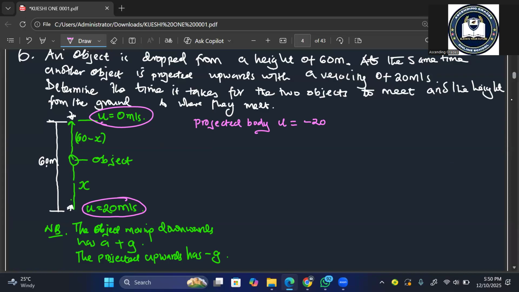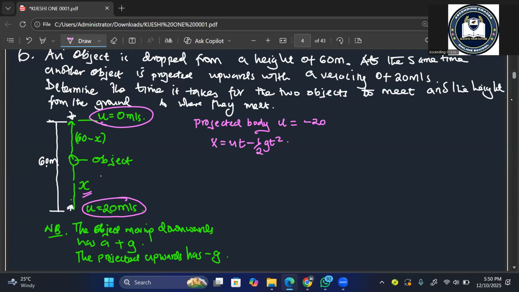So when it is moving upwards, it will be covering a distance of x. So from the second equation, x will be given by ut minus half gt squared.